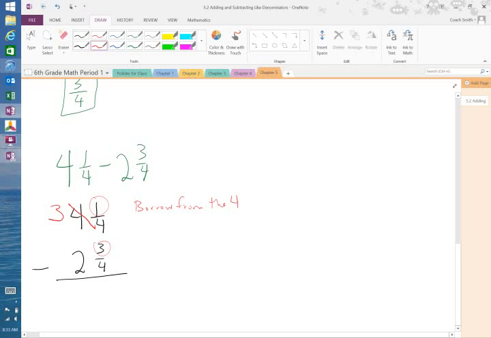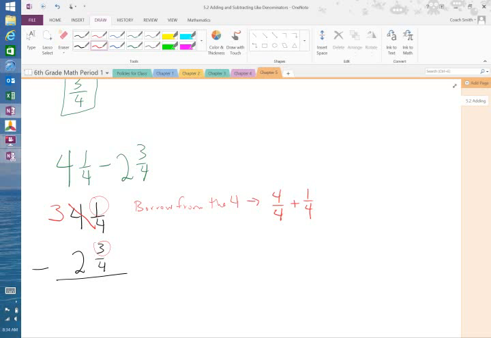When I borrow from the 4, it means I am taking 4 over 4 plus 1/4. Here's the 1/4 right here. I borrowed 1 from the 4, making it 3.